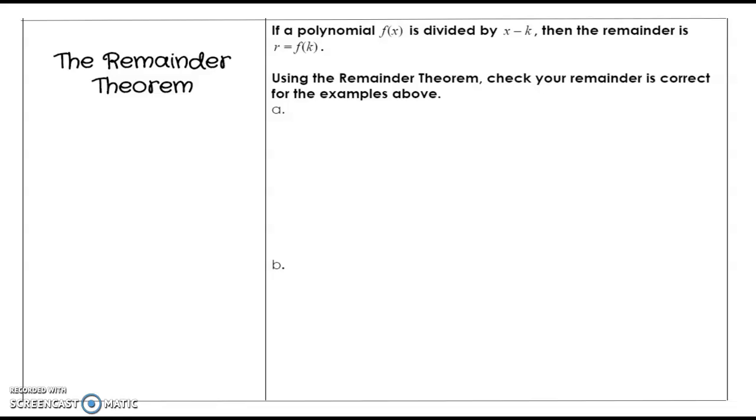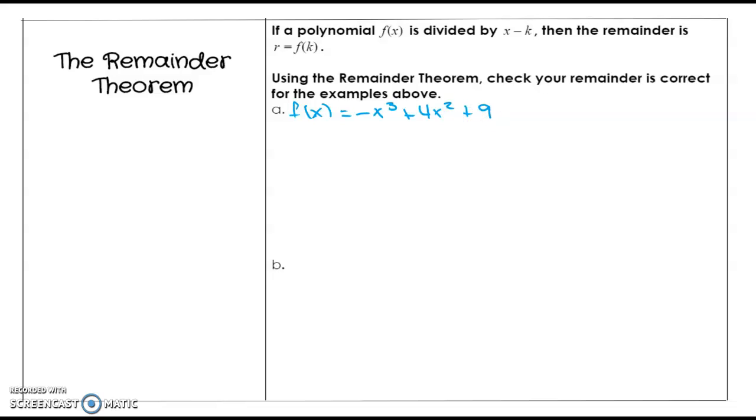So for example A, we have the polynomial f of x equals negative x to the third plus 4x to the second plus 9.